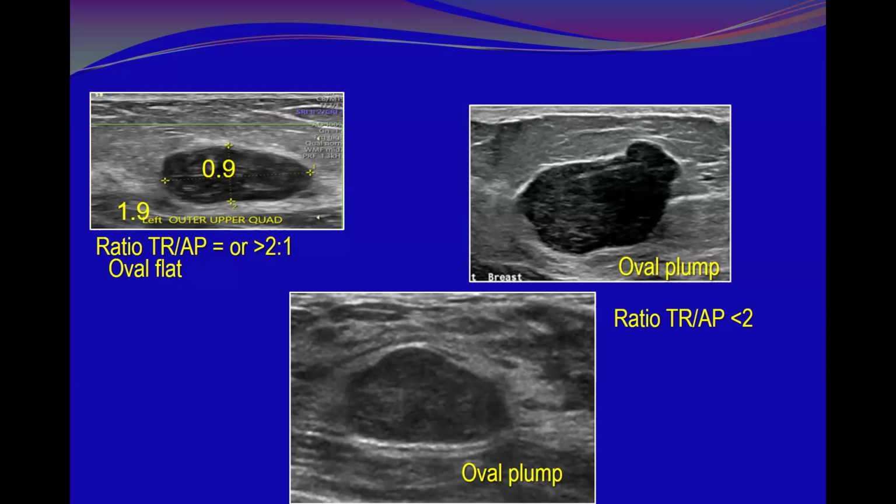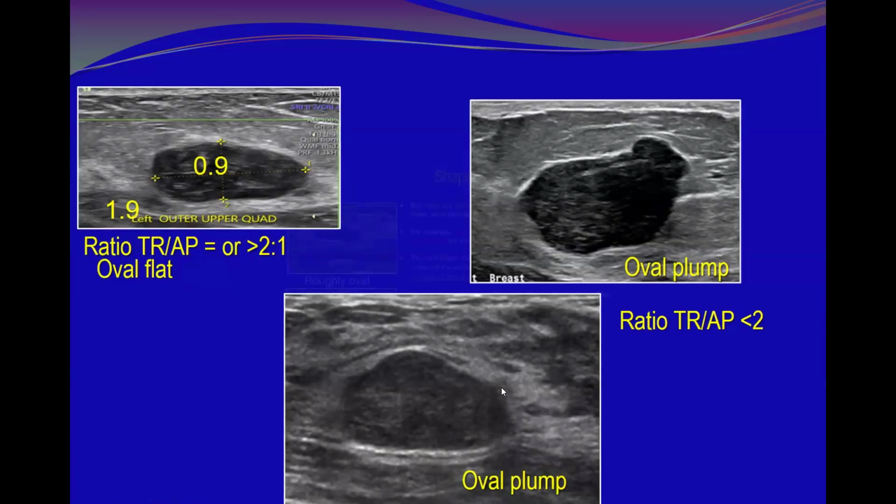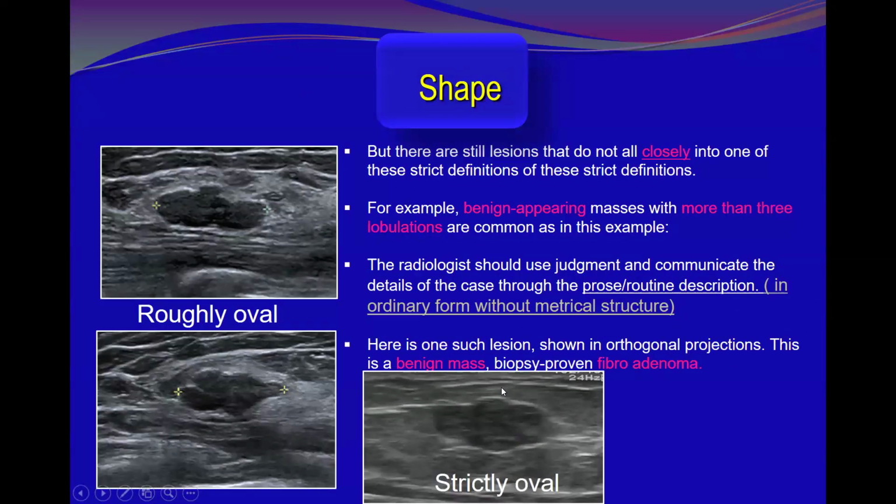According to Stavros, he subclassified this oval into oval flat and oval plump. And he considered this one much more reassuring compared to the oval plump shape for the prediction of malignancy.